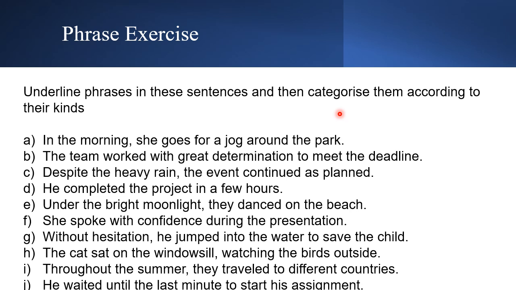Obviously you cannot write on the screen, so you can stop this video and in your notebooks you write the phrase, and then next to that write what kind it is, and then try to match them with the information that I have provided you. So this would give you some exercise to identify phrases in a passage.